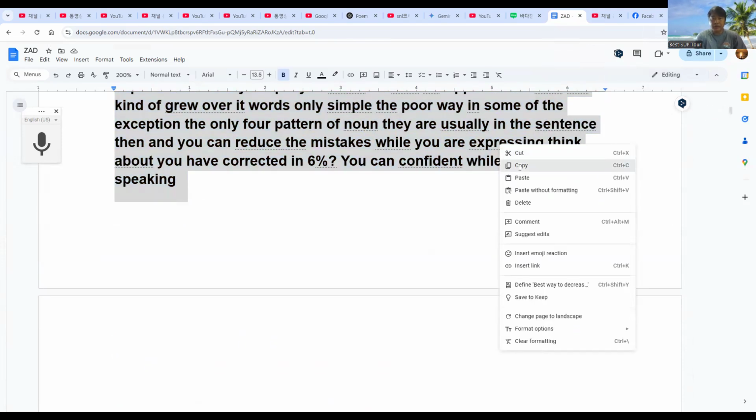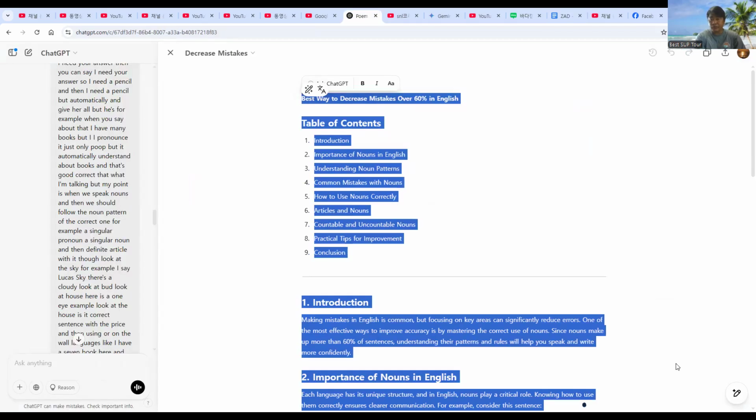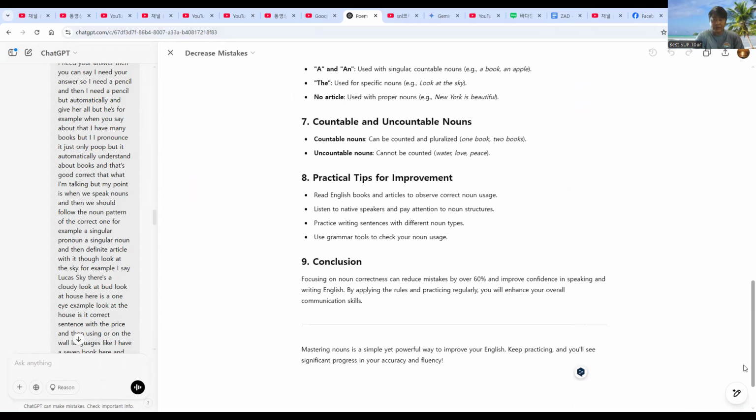I'm interested in the phrases because these phrases are also important in studying it.